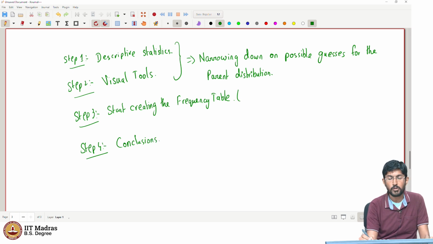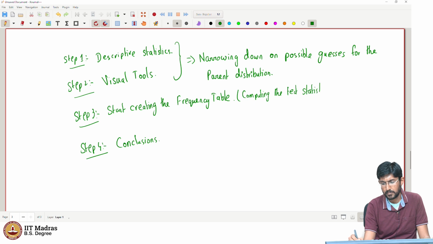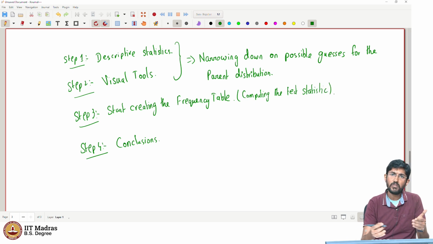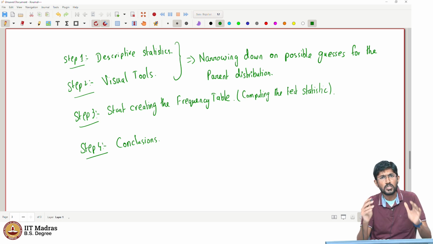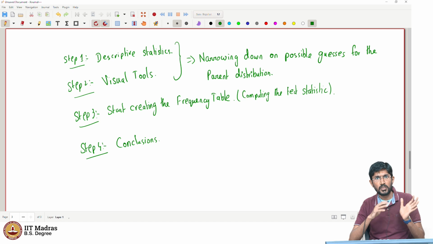So here we would basically be creating the frequency table, computing the test statistic, and so on, and then we will be using it in step 4 to make a conclusion of whether we are going to accept or reject the null hypothesis. So this is going to be the 4-step procedure that you would be seeing in the tutorial that we are going to do.